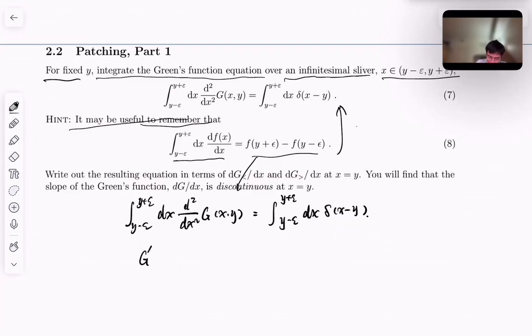That is G, dot G, at y, equals the delta function, and we know that integrates to 1.